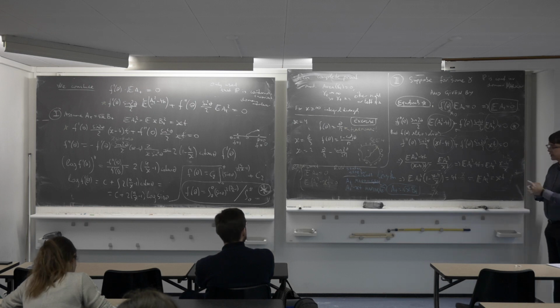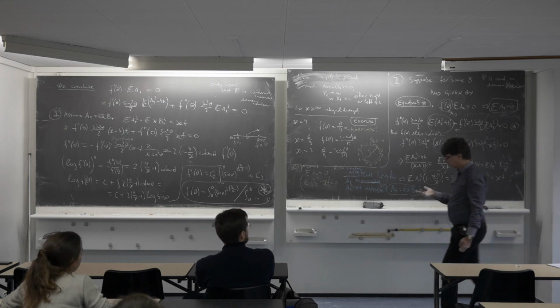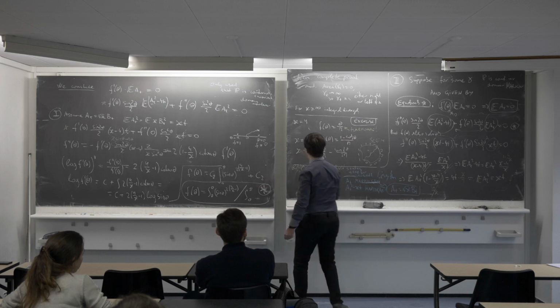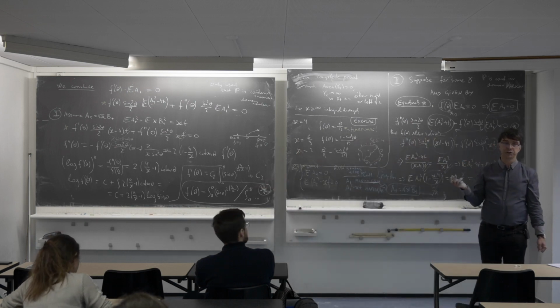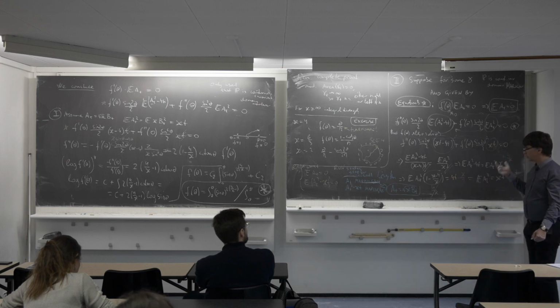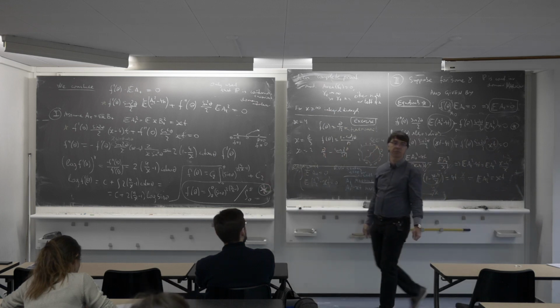Okay. So the second part was that, basically, we've shown that if there is an SLE kappa, we can calculate the probability to pass to the left of a point. Then on the other hand, if you have some other process for which you can calculate the probability to pass to the left of a point, and it turns out to be the same as for SLE kappa, it has to be SLE kappa.